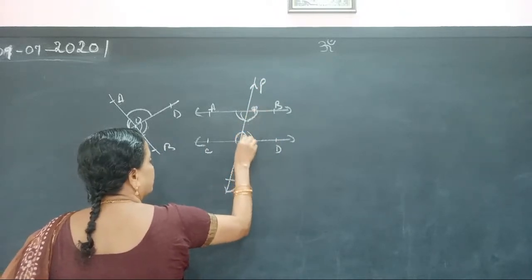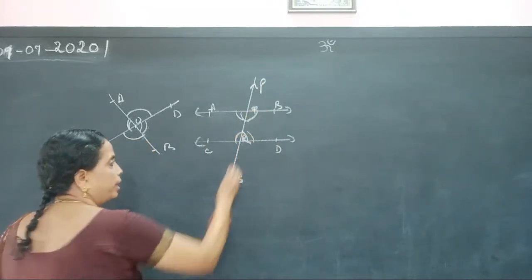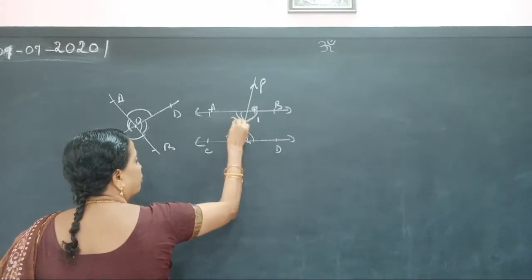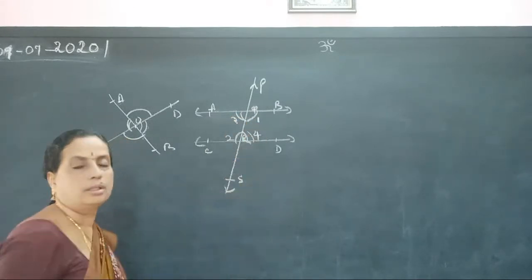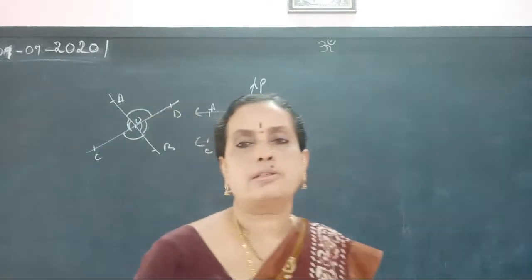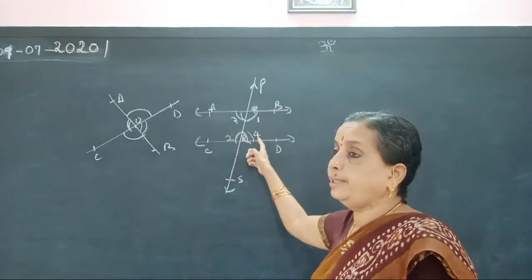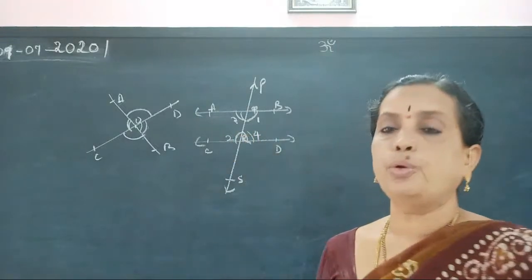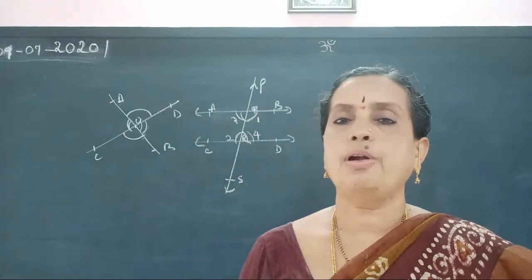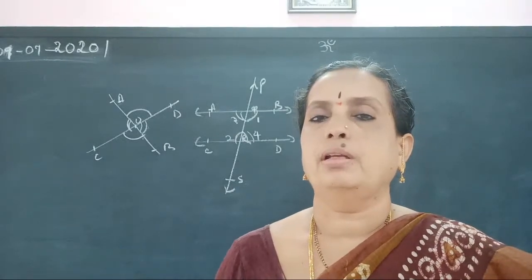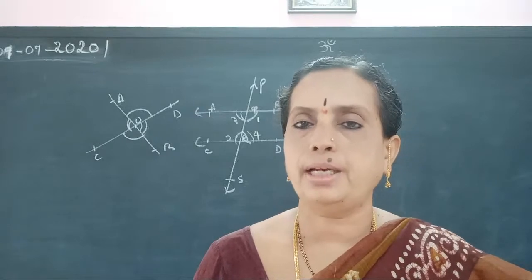Angle 1 equals angle 2, angle 3 equals angle 4. They are the pair of corresponding angles. Alternate interior angles, we prove using the corresponding angle concept. I think you all practiced it. Is it clear? Have you all practiced it?